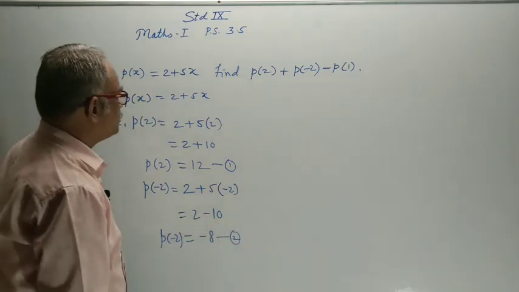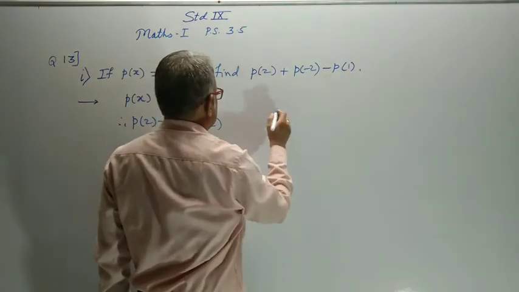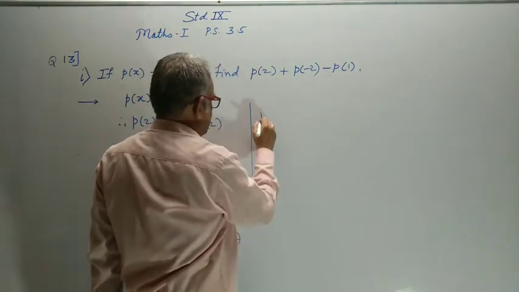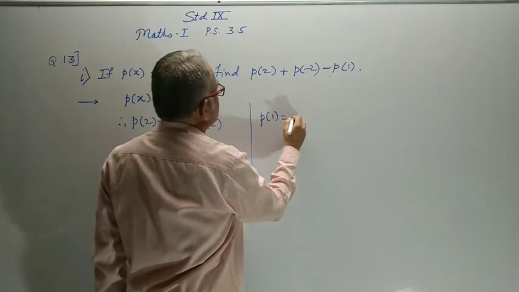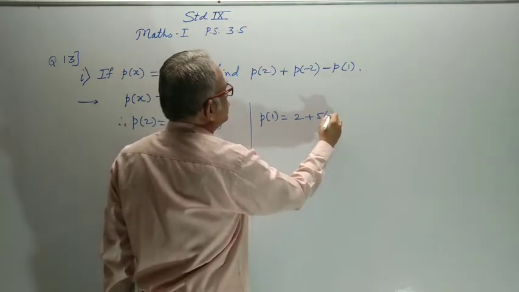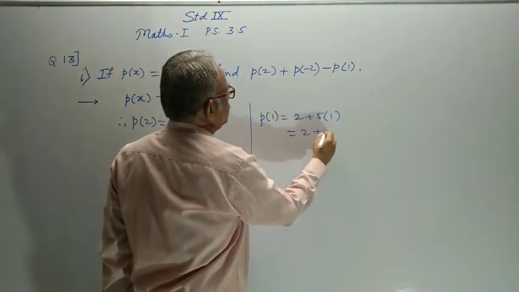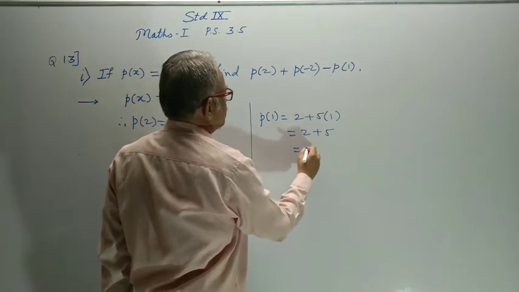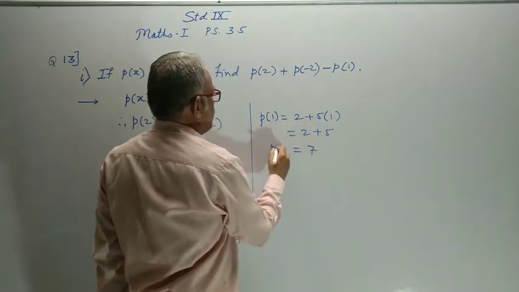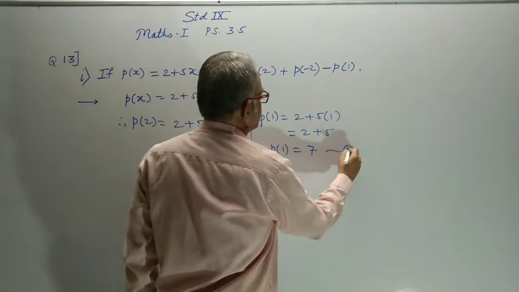This is equation number 2. Then find P of 1. In place of x write 1: 2 plus 5 into 1. 5 into 1 product first, then addition. Therefore, P of 1 is 7. This is equation number 3.